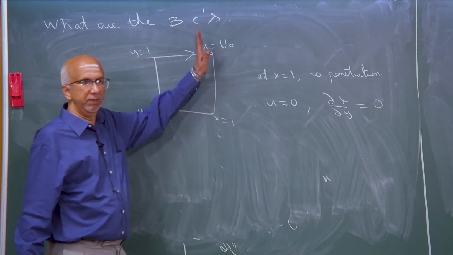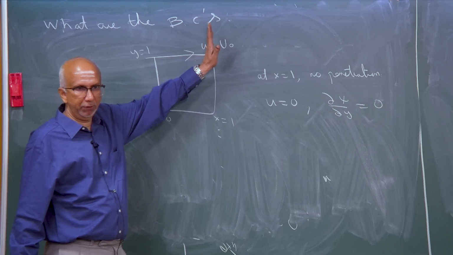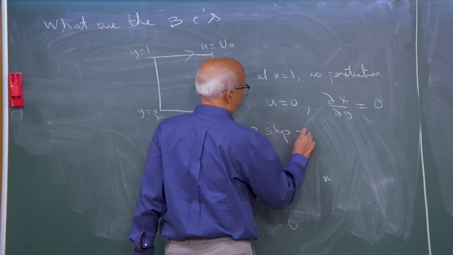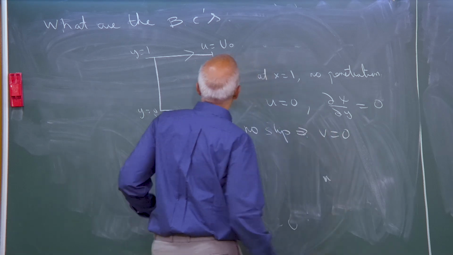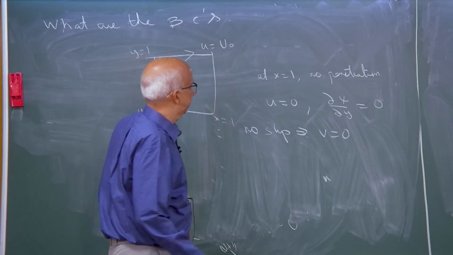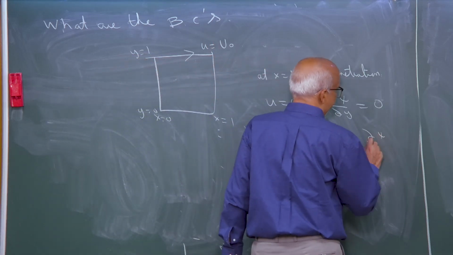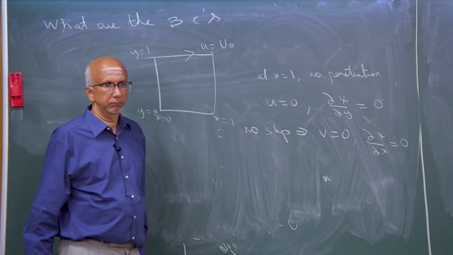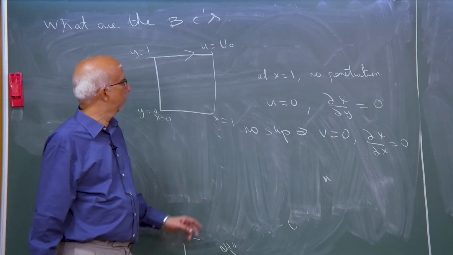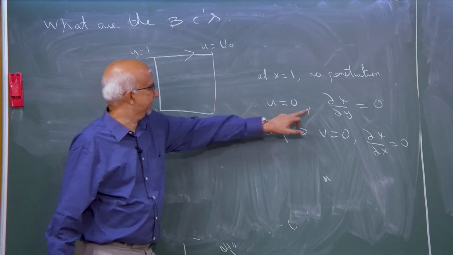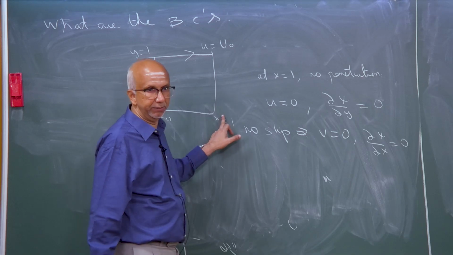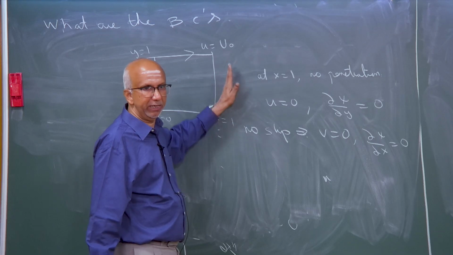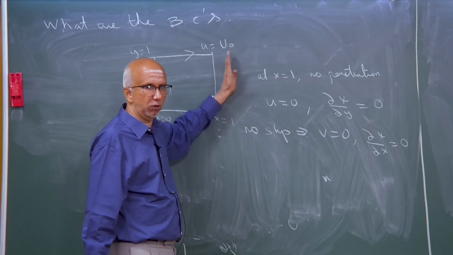No slip means the tangential component of velocity is 0, which means d psi by dx is 0. Now basically what this means is, if d psi by dy is 0, because x is constant, psi is not varying along this, and I can choose my psi to be some reference value, constant or 0.